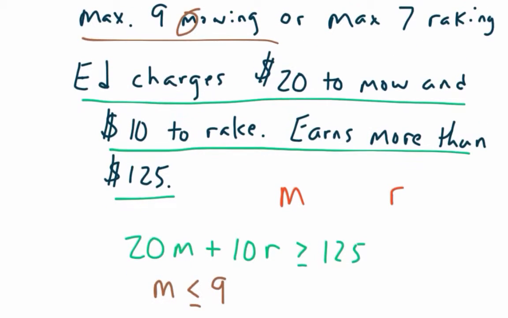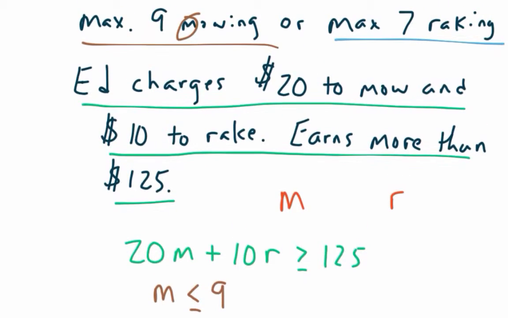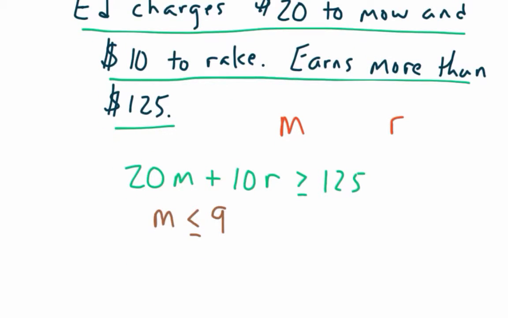So if he just mows, he gets up to 9 lawns. He could have mowed 7, 6, 8, or 9, but can't mow 10 or 9.5. Right. So that I thought would probably be the toughest one. Maximum of 7 lawns if he just rakes, that would be perfect. R is less than or equal to 7.